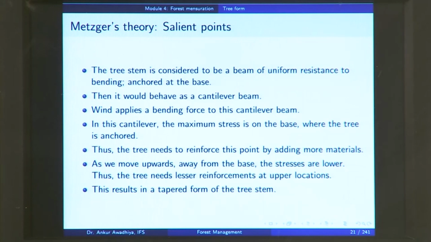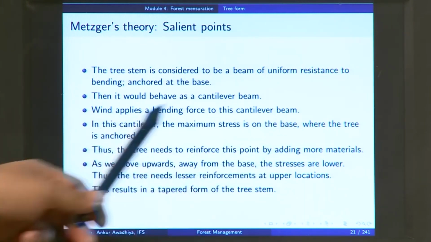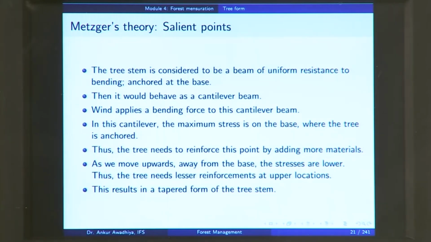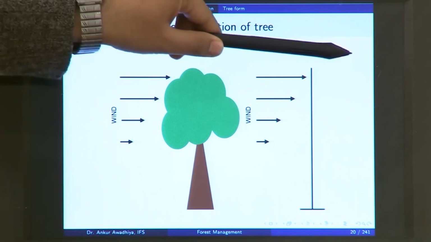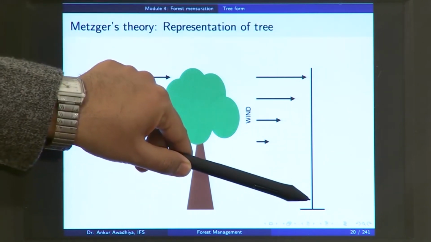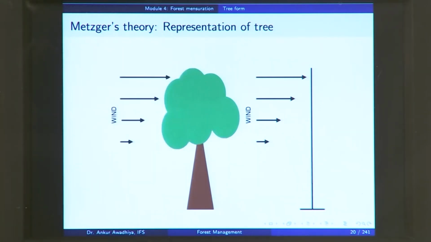Now, in this cantilever, the maximum stress is on the base where the tree is anchored. So, when you are applying this force at this point, the stress is maximum at the base, and so there is a greater chance that this tree will break at this particular point.